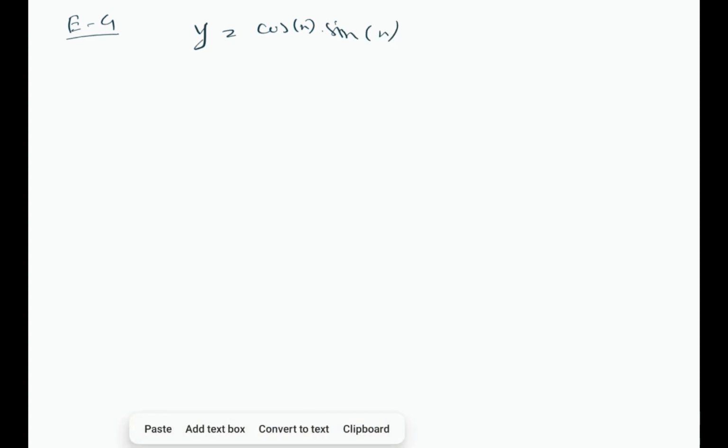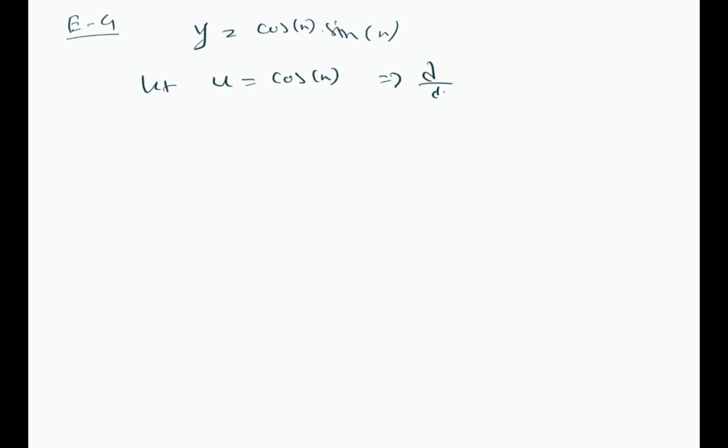So example 4. For example 4, our function y is equal to cos of x times sine of x. Okay, so let our u is equal to cos of x, and derivative of cos of x is equal to minus sine of x.